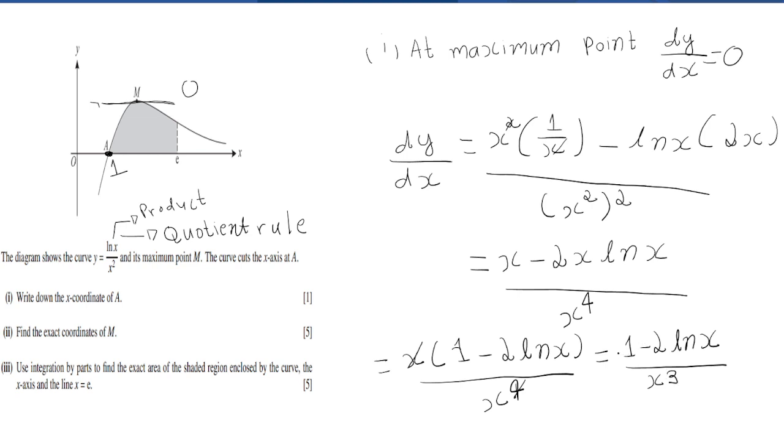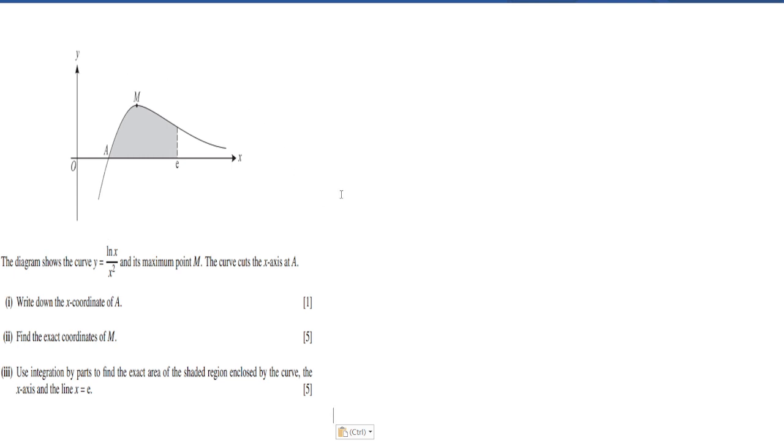So just like I've already told, at the maximum point dy over dx is equal to 0. So what I'm going to do is, let me add another page. Sorry for that, I should have done it already. So over here we are again.